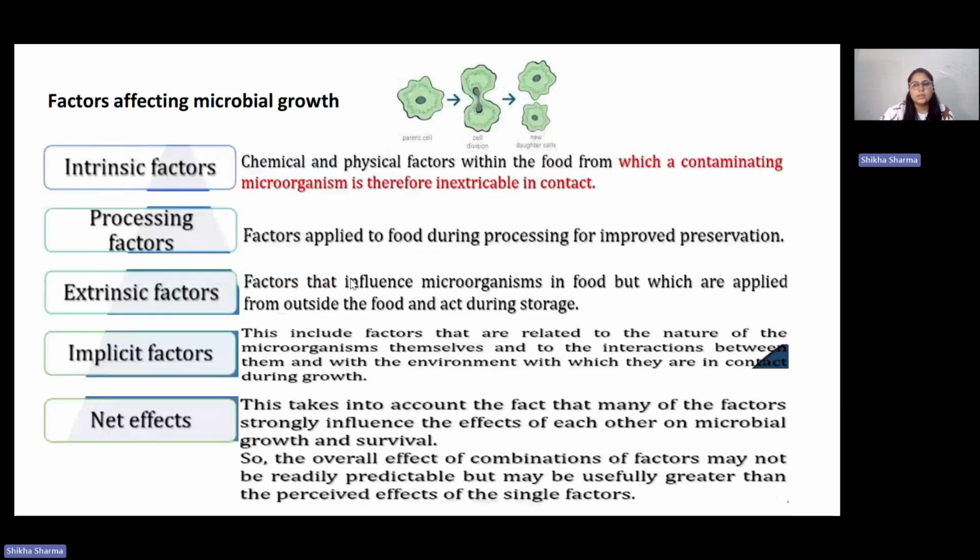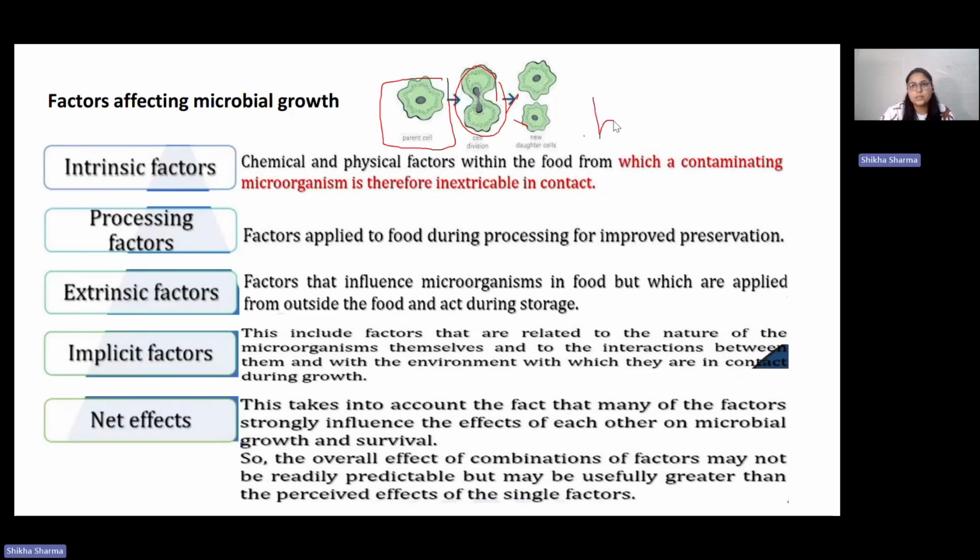Let's discuss the basics first. If a microorganism is there, its parent cell will grow by dividing itself; cell division will happen, and 2 daughter cells will be produced from it.